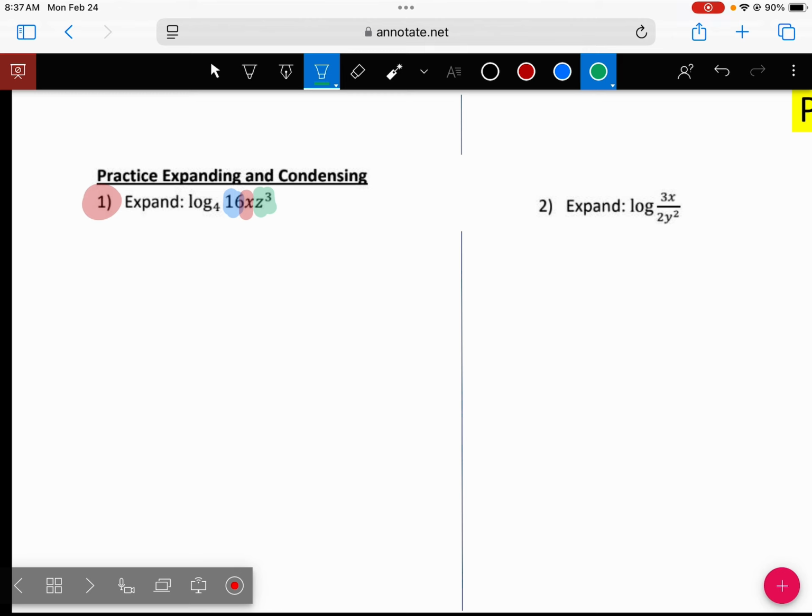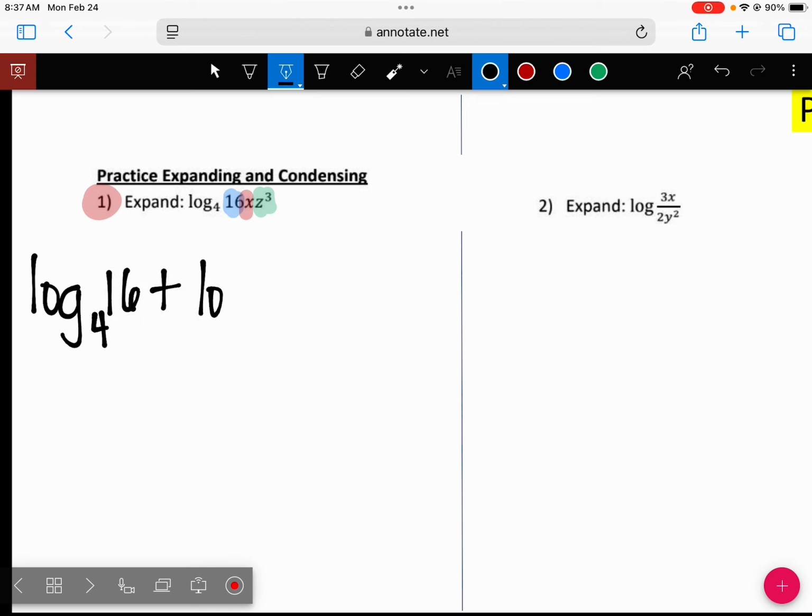That was not bad at all. All right, let's break it apart. So we got log little bitty 4 of 16 plus the log little bitty 4 of x plus the log little bitty 4 of z cubed. Did any of these have an exponent? Because of that last one, we do have to do one more.